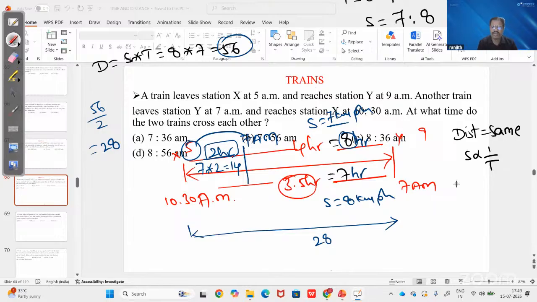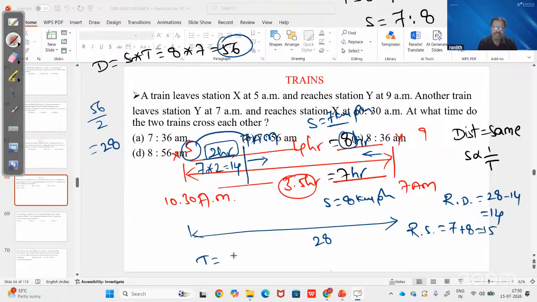What is the remaining distance we are having in the sense? 28 minus 14 is equal to 14. These two trains are traveling towards each other. Then relative speed will be equal to addition. So 7 plus 8 equal to 15 kilometers per hour.